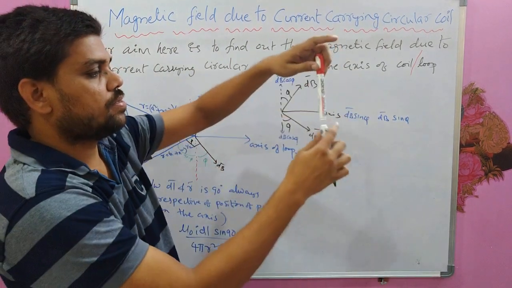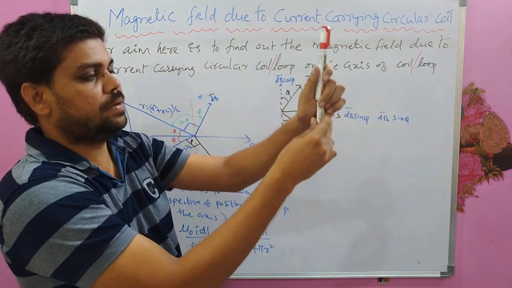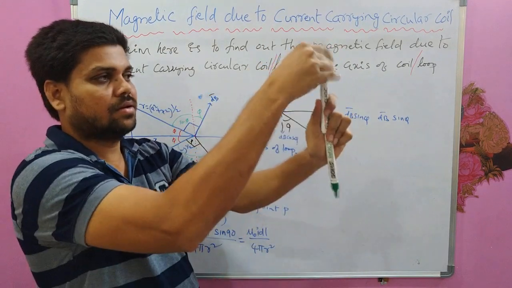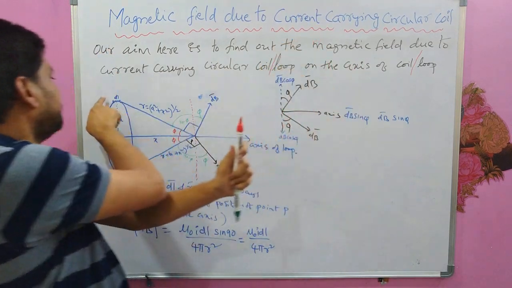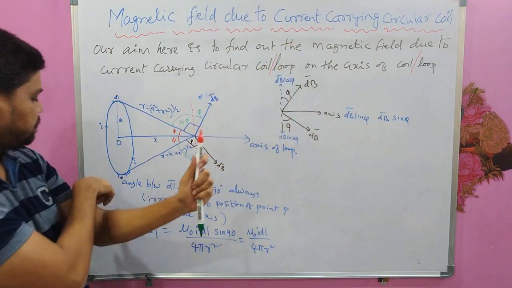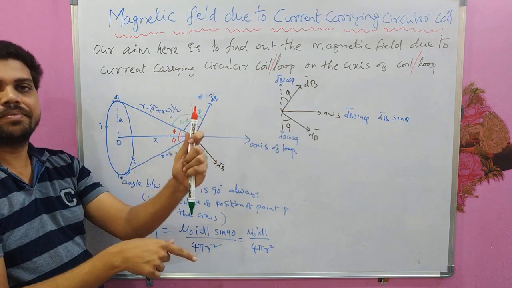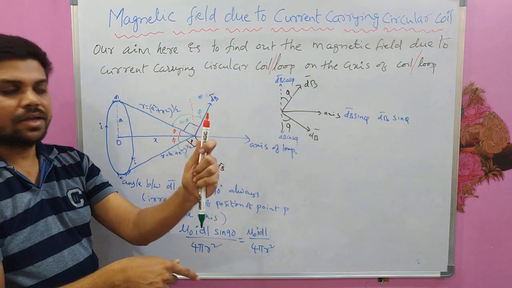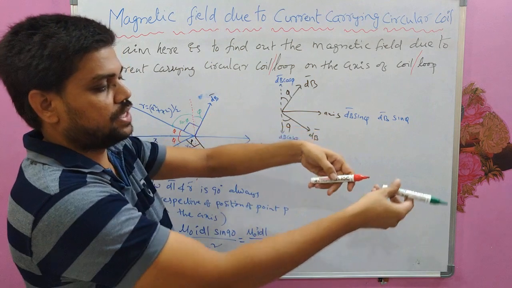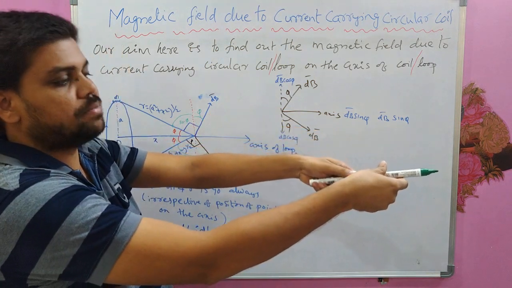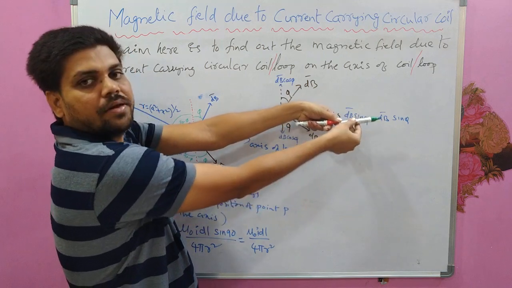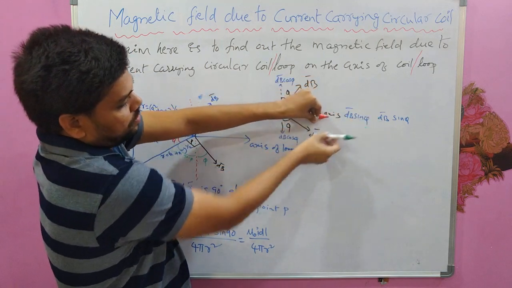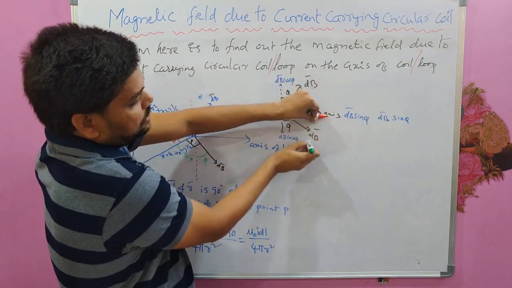This way, this going up and this going down. This dB cos phi is due to this element and this dB cos phi is due to this element. And the dB sin phi of both elements are in the same direction along the axis. For this it is this, and for this also it is this.